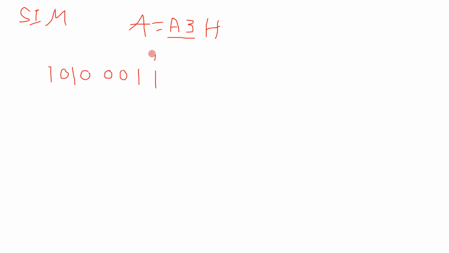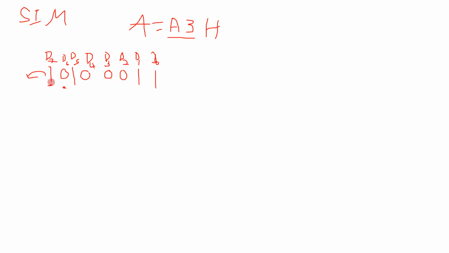This is D0, D1, D2, D3, D4, D5, D6, D7. So this bit will determine whether the D7th bit should be given as output or not.